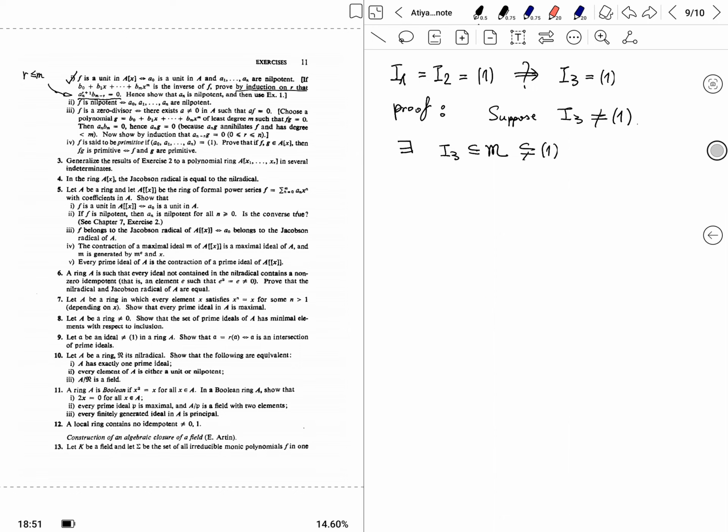We got this maximal ideal. What we want to do is look at its quotient. This gives us a field, and this gives us also a map f to f bar.